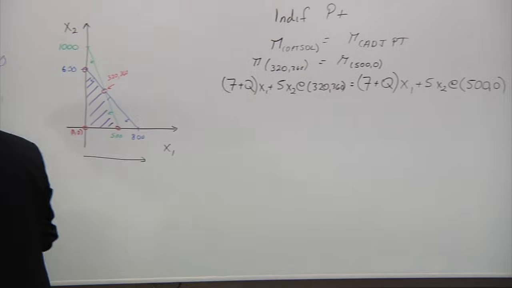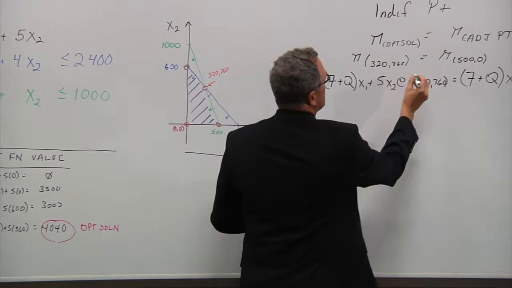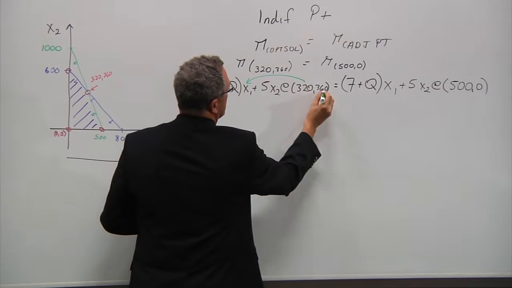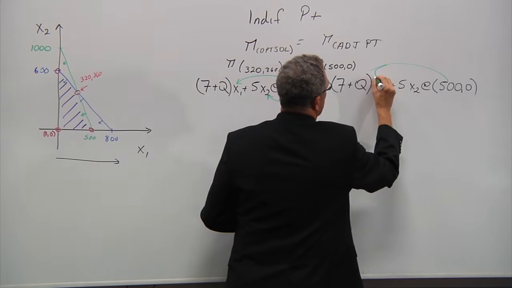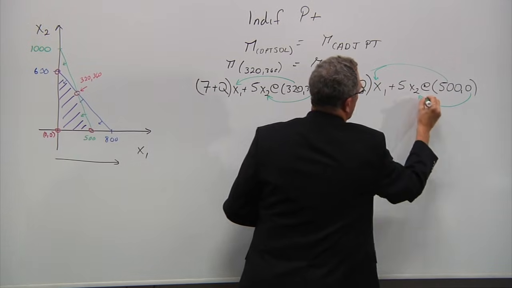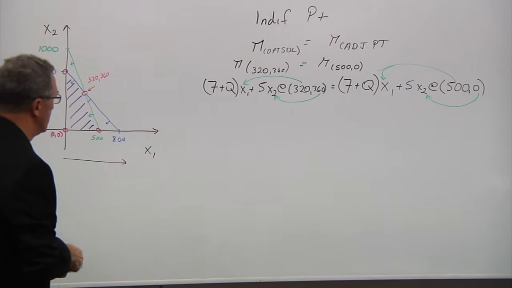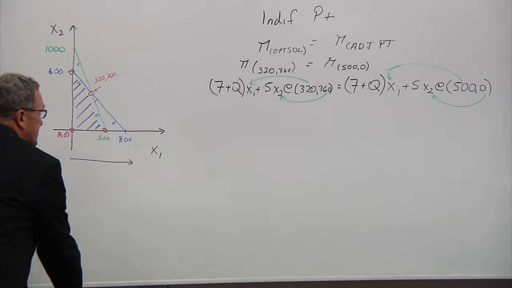Well, now all we have to do is solve for things. We stick this number in for x1, this number in for x2, this number in for x1, this number in for x2, and we solve for Q. All right, we can do that. That's fairly simple.